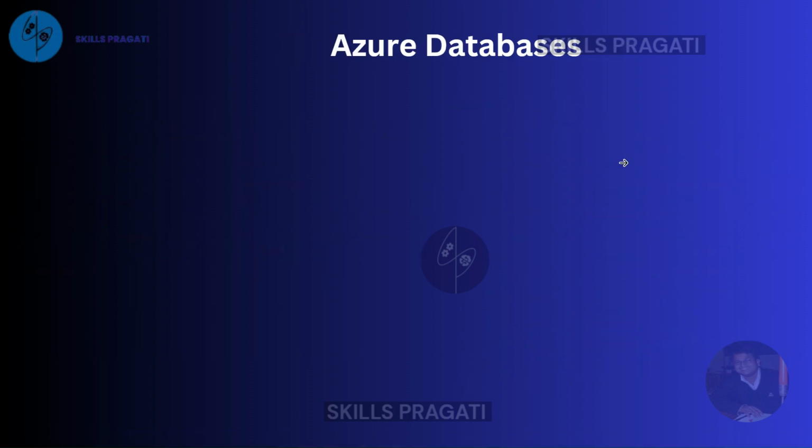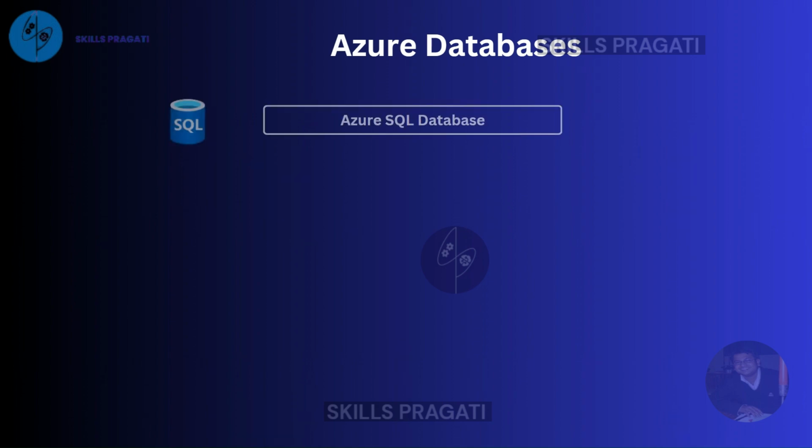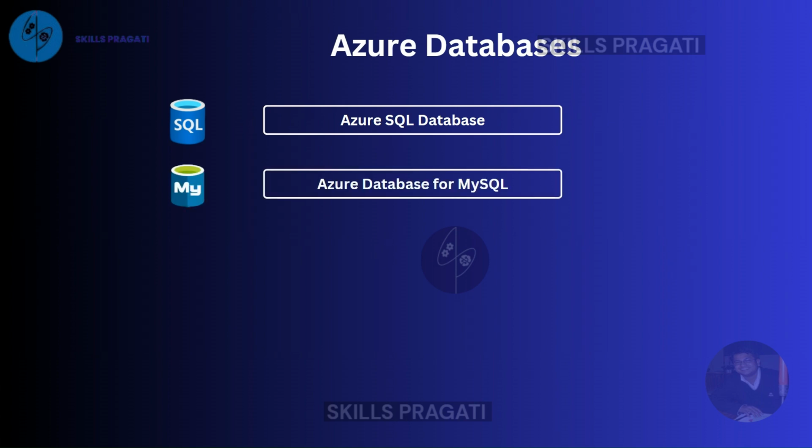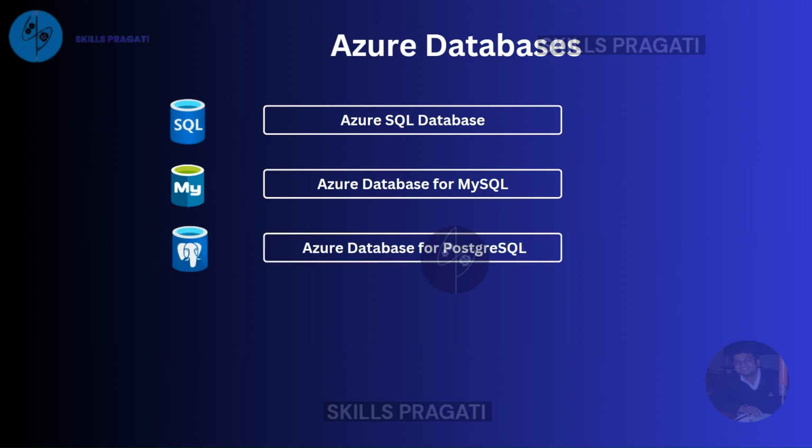Let's consider the database offerings first. We have the following database solutions to process structured data. Azure SQL Database, which is a fully managed cloud-based database that runs on the latest version of the Microsoft SQL Server database engine. Azure Database for MySQL, which is a fully managed enterprise-ready community MySQL database as a service.